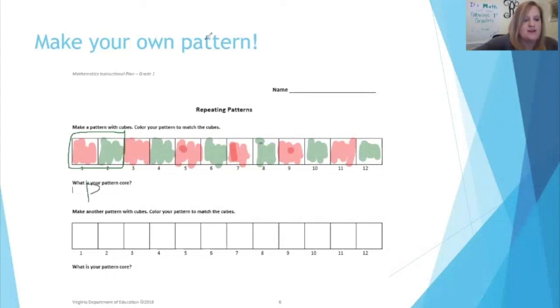So I might write P for pink and G for green. That's the core that's repeated. Did you have a pattern that had two colors that just repeated? If you did, then you have the same type of pattern that I made. You may have made a different pattern. Let's look at another option.